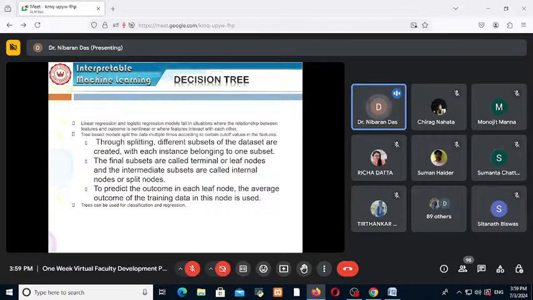Whereas a decision tree can be utilized for both regression as well as classification tasks.